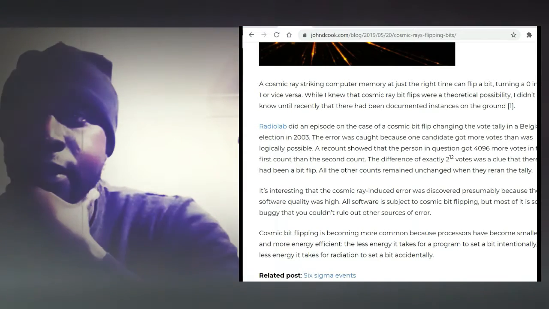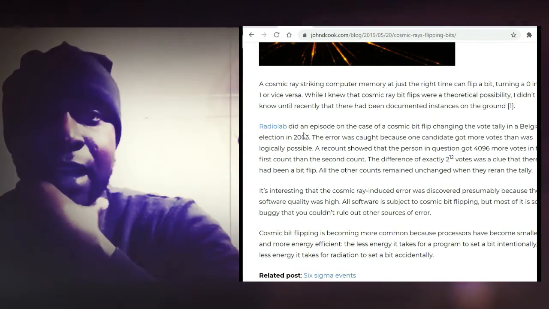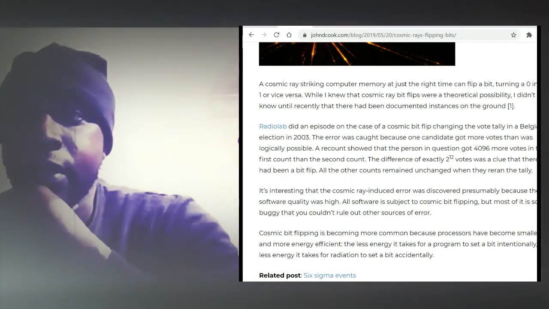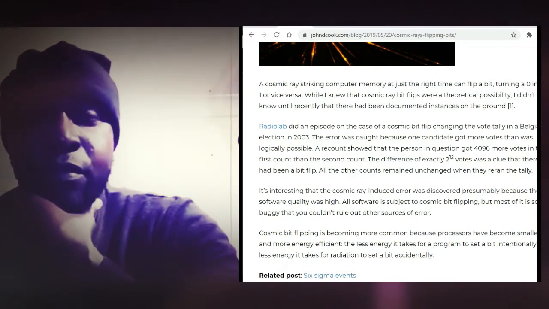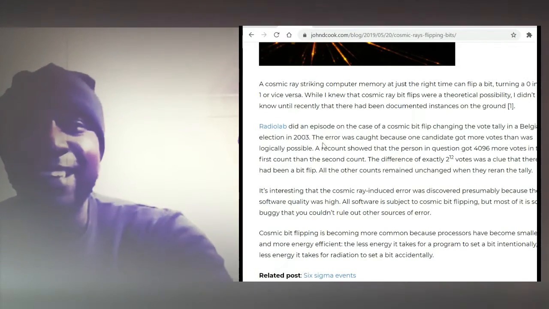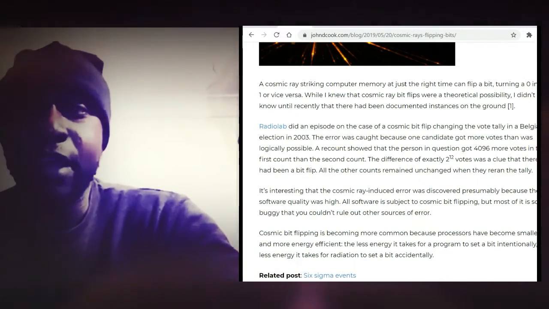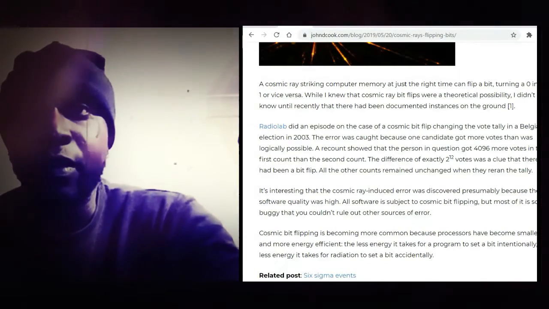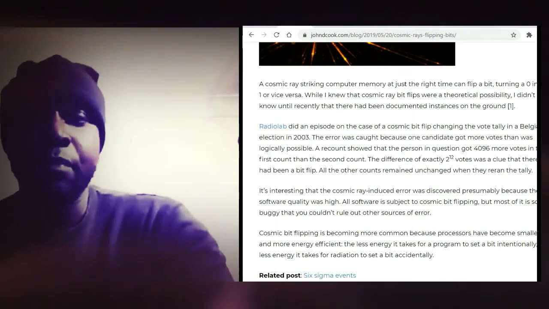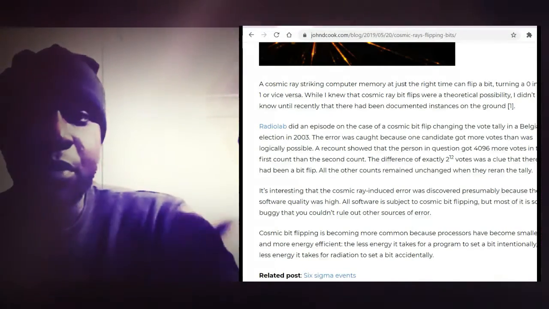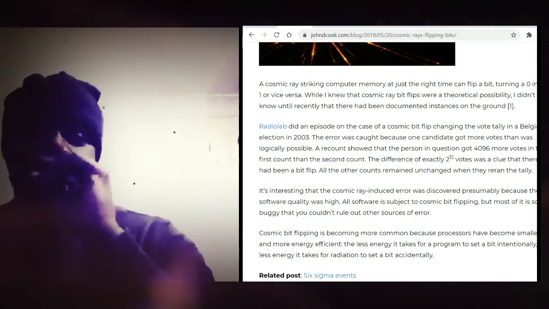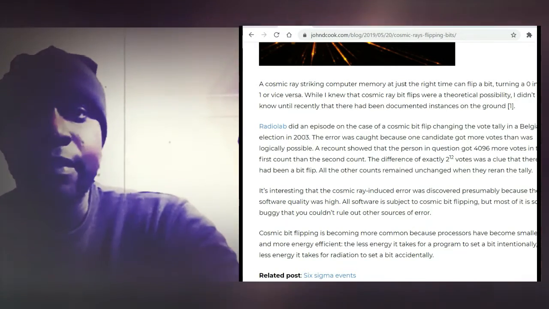It talks about Radio Lab, which had one. They changed an entire vote, a vote tally in Belgium. That's a famous Bitflip that basically got the tallying up wrong. So that's what a Bitflip basically is, when one of the bits in your memory or whatever other binary system within the computer is flipped.